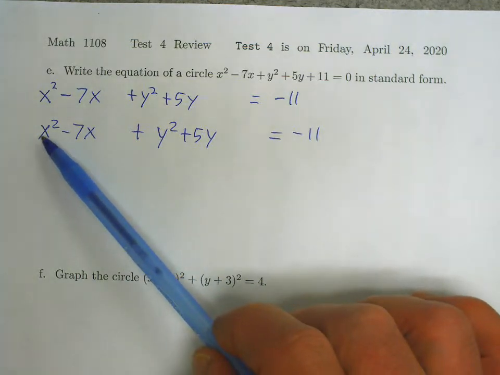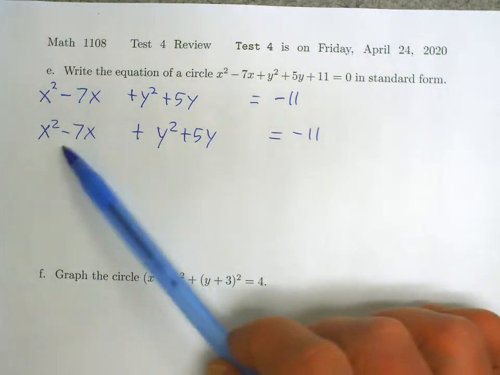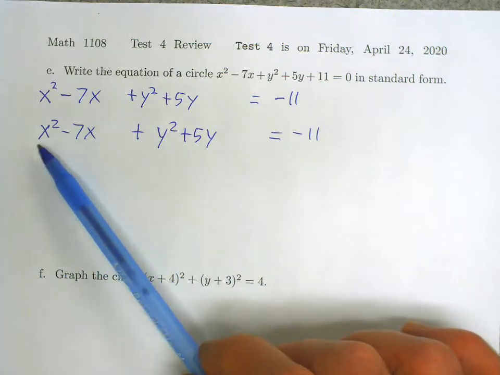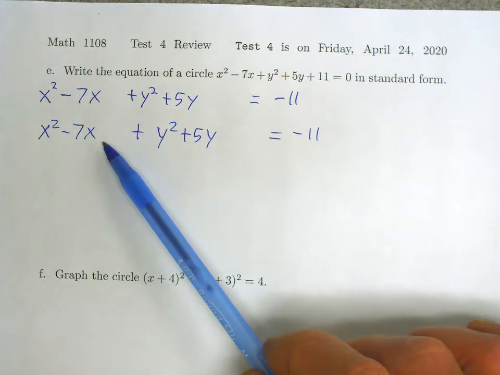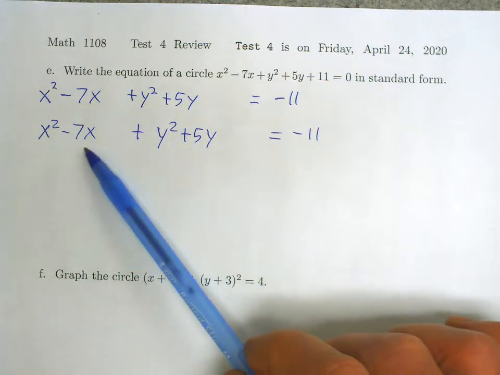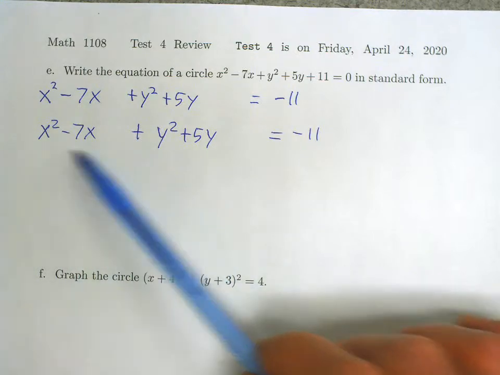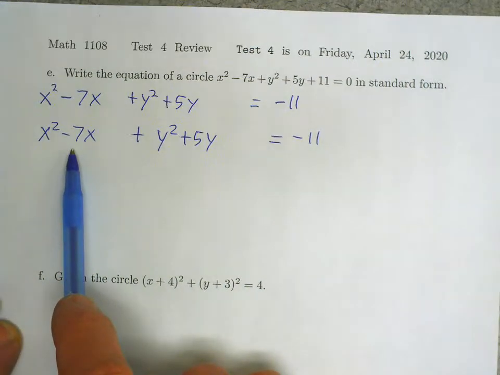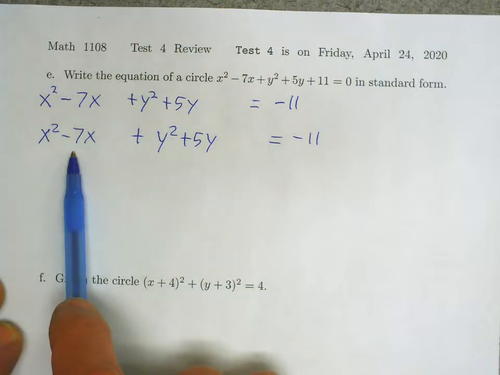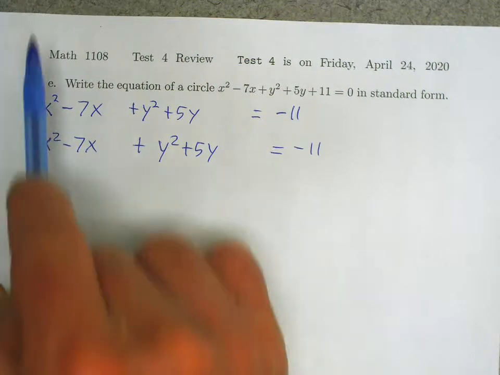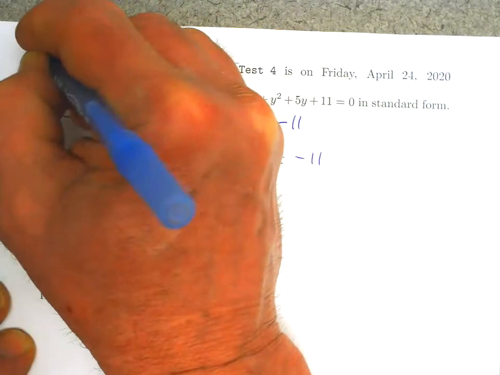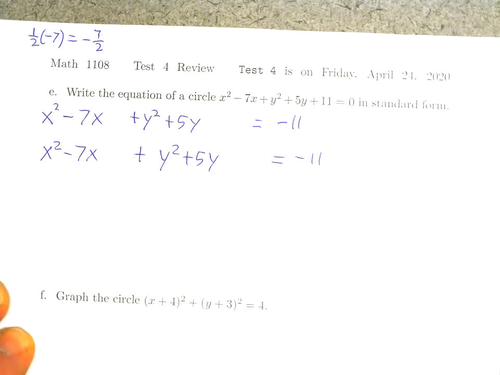Okay, so we'll start with the x terms. Since the coefficient of x squared is 1, how do we find the number to add to x squared minus 7x so that we get a perfect square trinomial? Well, what we do is we take 1/2 of -7. So up here at the top, I'll write what we're going to do. We're going to take 1/2 of -7, which is -7/2.